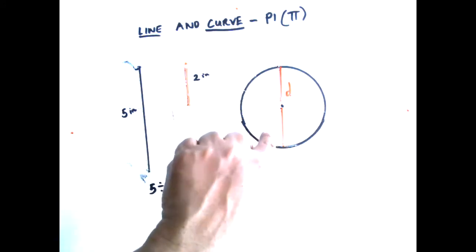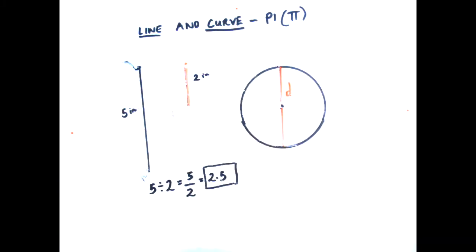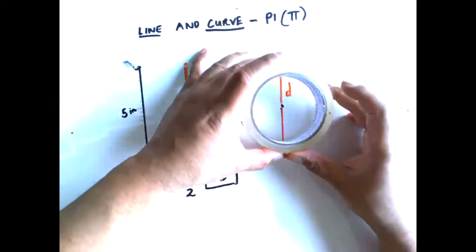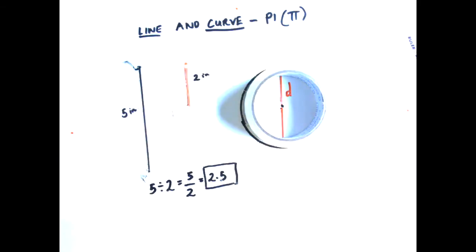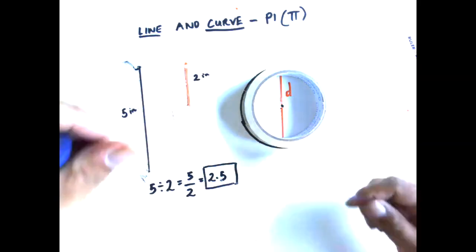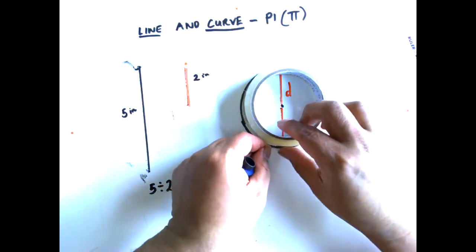So, how do we measure the curved line, the circle? For now, as an introduction, we're going to measure it by putting a string around it. So I have this string that goes around.